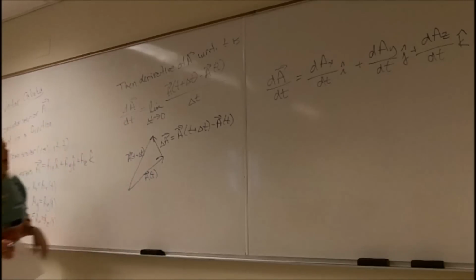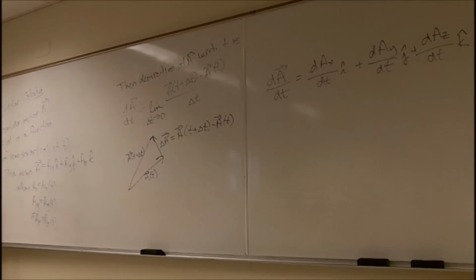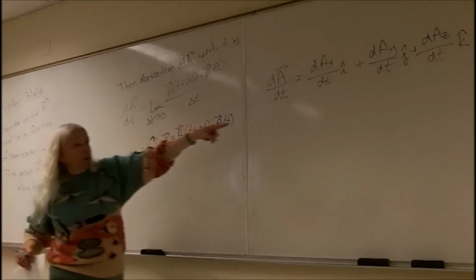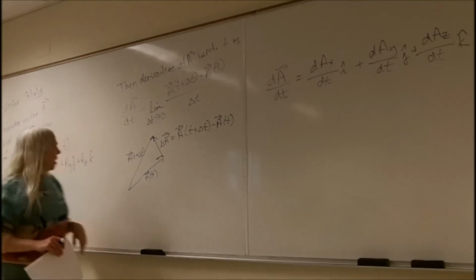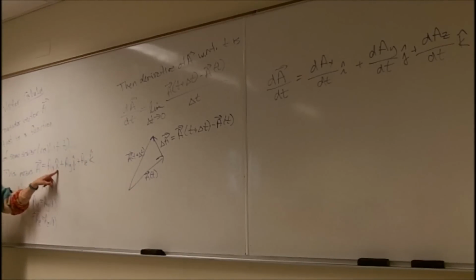But if i hat, j hat, and k hat themselves depended on time, when we took the derivative with respect to time of this first term, we'd have to use a product rule, and we'd have two terms. We'd have the derivative of a sub x with respect to t times i hat, the first term we have right here. But we'd also have a sub x times the derivative of i hat with respect to t.